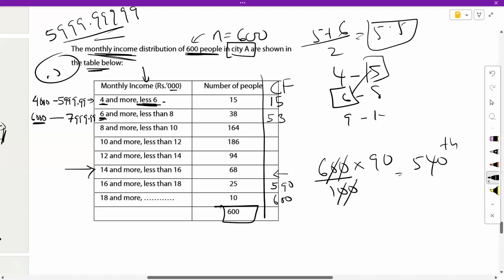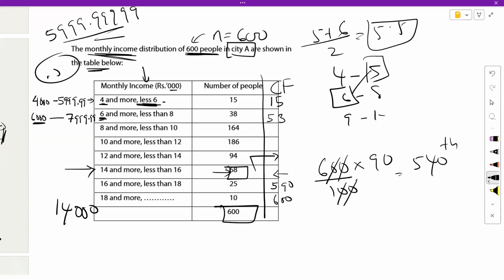In this category, the lower boundary is 14,000. We need the cumulative frequency of the class before this, the frequency of the target class, the modal class here, and the class width. What's the class width?